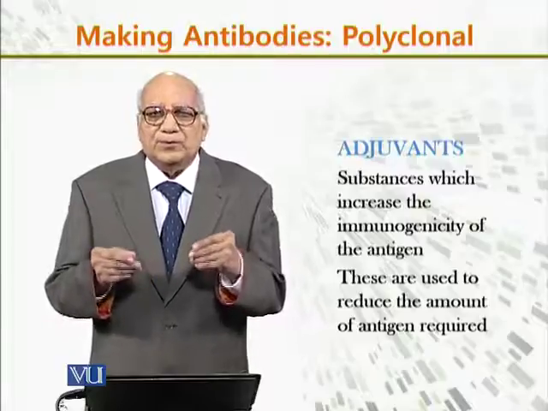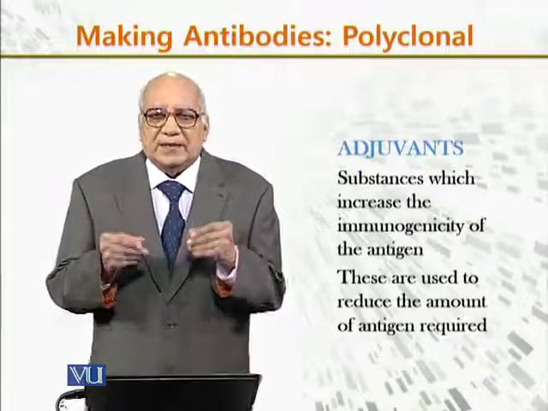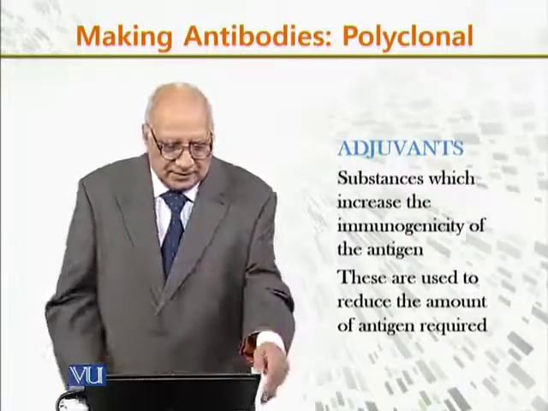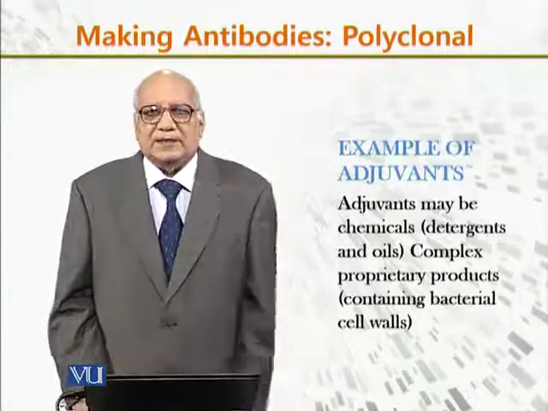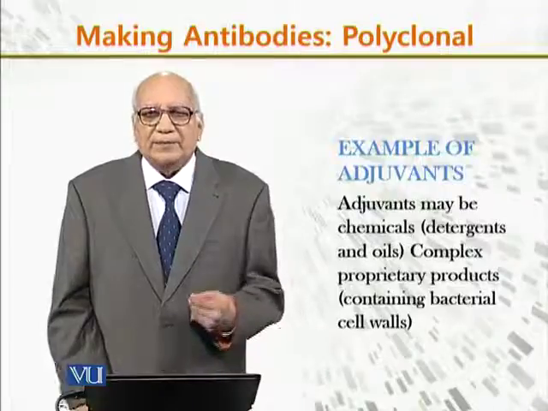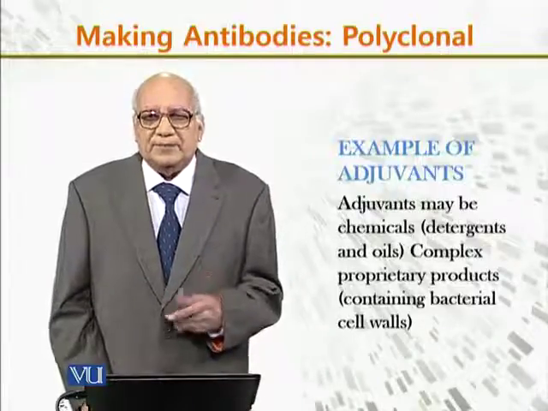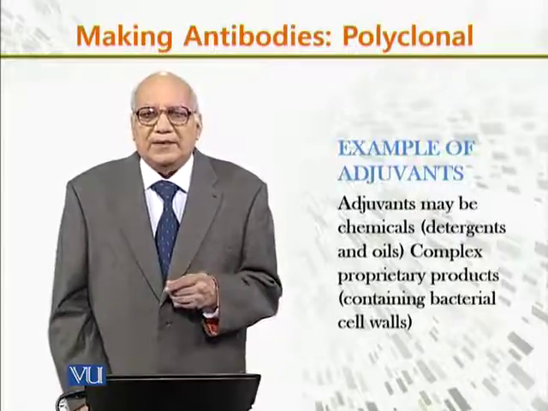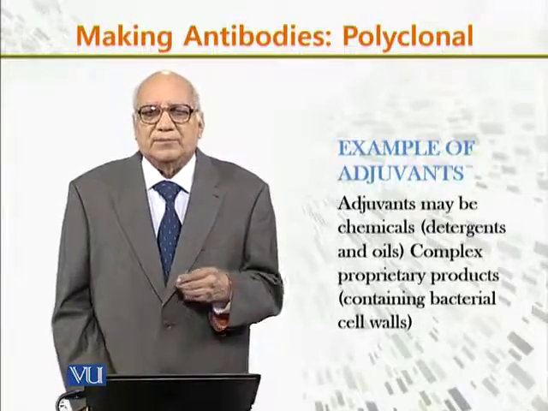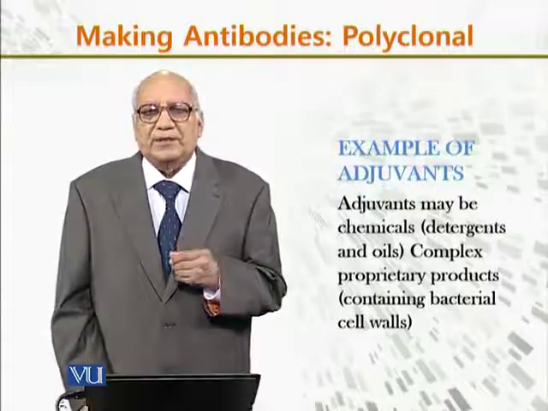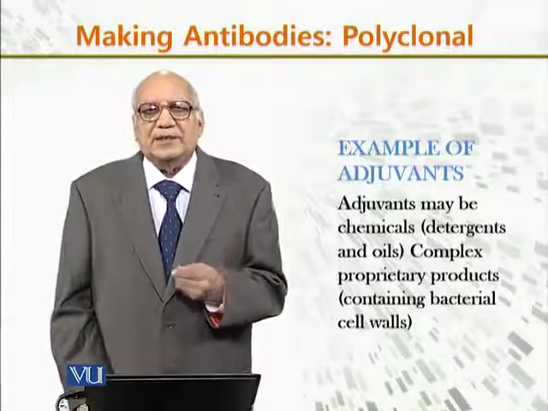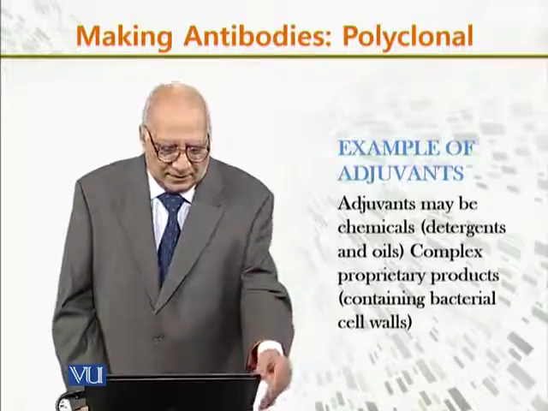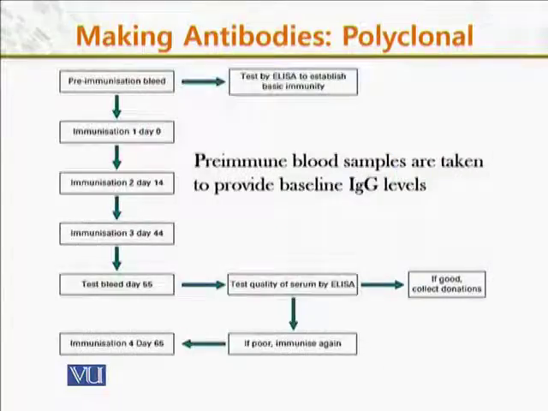That is their advantage. Adjuvants may be chemicals, that is detergents and oils, and complex proprietary products which contain bacterial cell walls. So these are what adjuvants are made of.